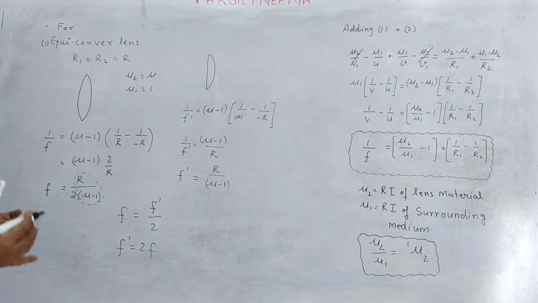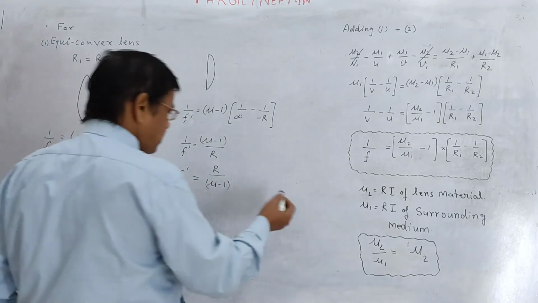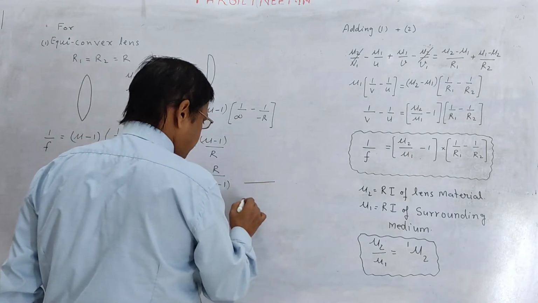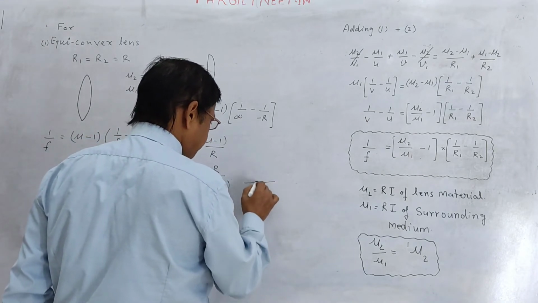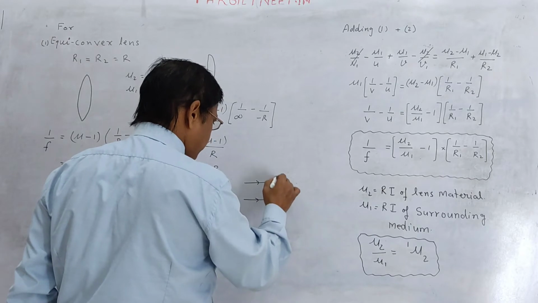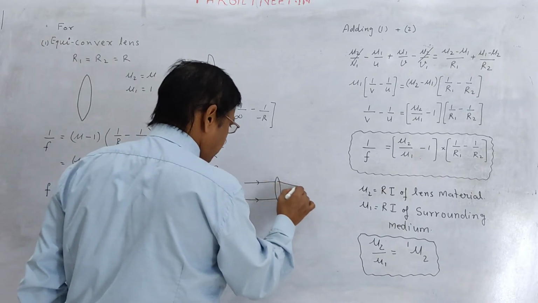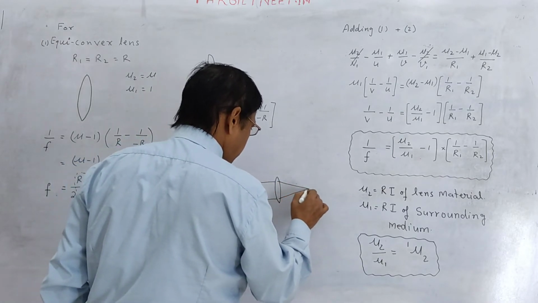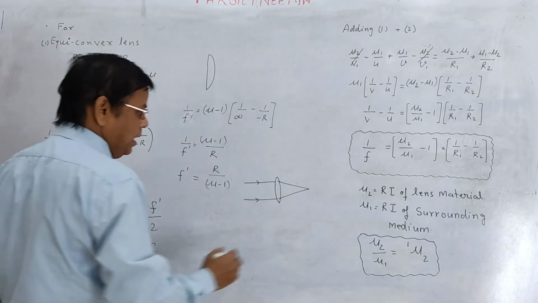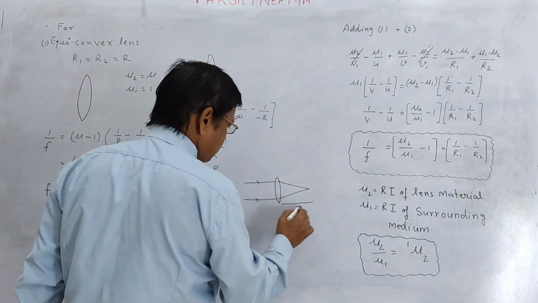What does it mean? It means that if parallel rays are coming and you put a convex lens here, it converges light somewhere here at a distance, suppose 10 centimeter.